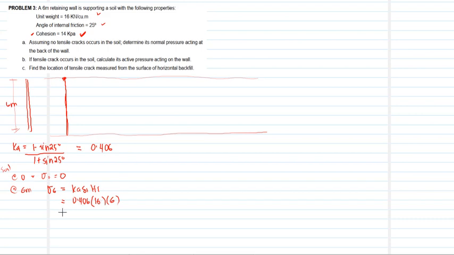So, solving, yung magiging value natin dito is equal to 38.976. So, ito yung magiging pressure natin at 6 meters. So, meron tayong pressure dito which is equal to 38.976. Okay? So, say yung force natin dito is equal to P1. That is for the soil.